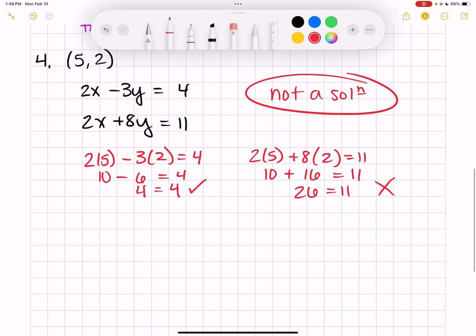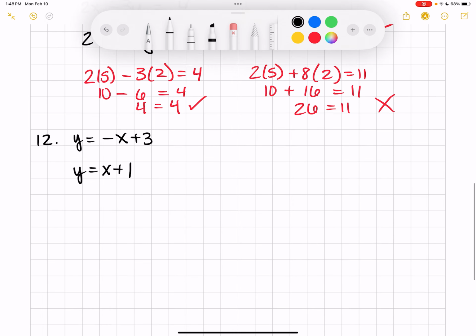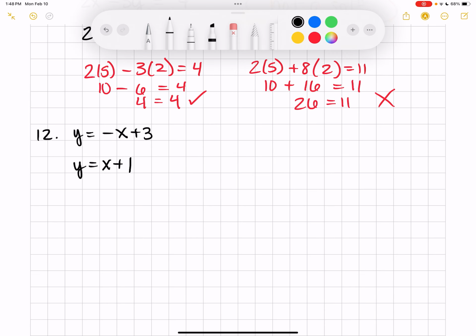Okay, so if you weren't already writing on your graph paper, you definitely need to now. y equals negative x plus 3 and y equals x plus 1. So I'm going to set up my little coordinate plane over here.